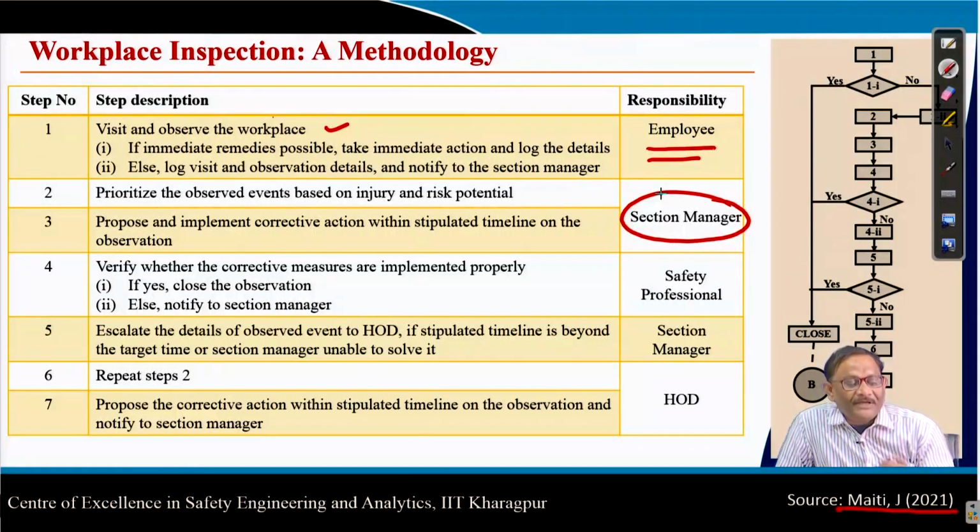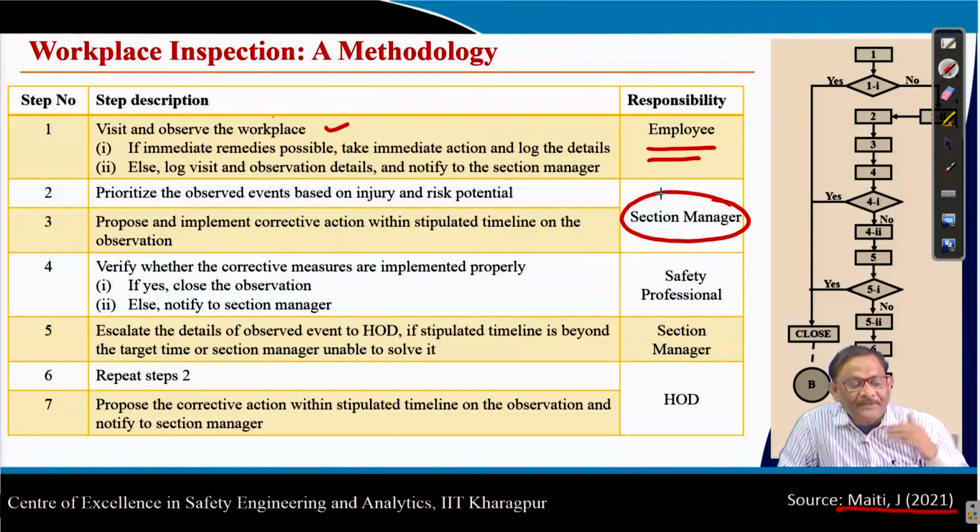And so obviously if there are any immediate remedies possible, they have to take action, and that action also needs to be entered into the system, or it needs to be documented.